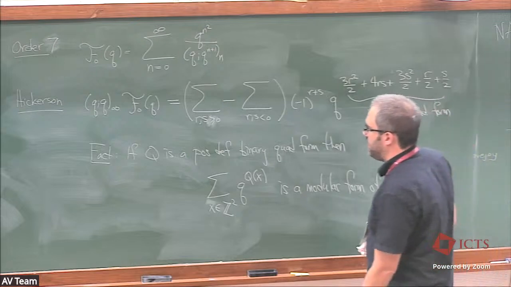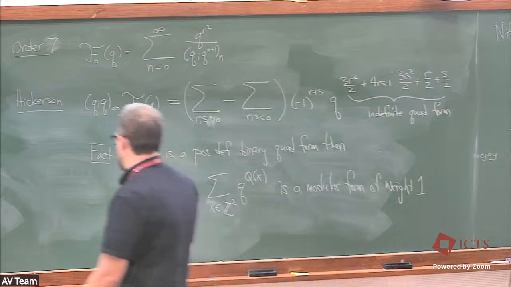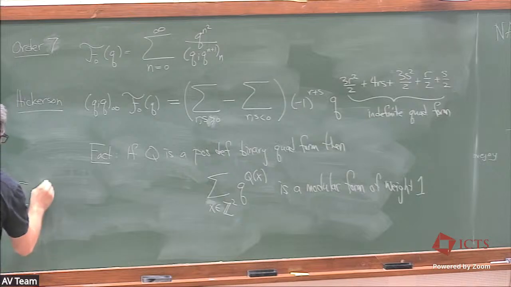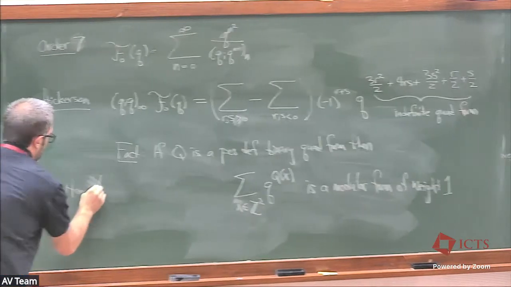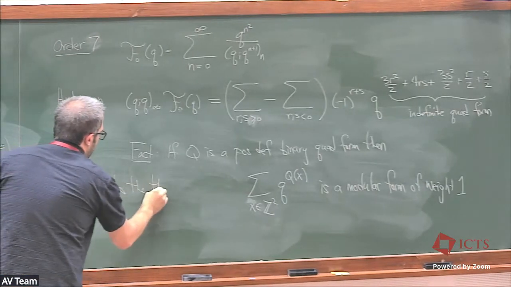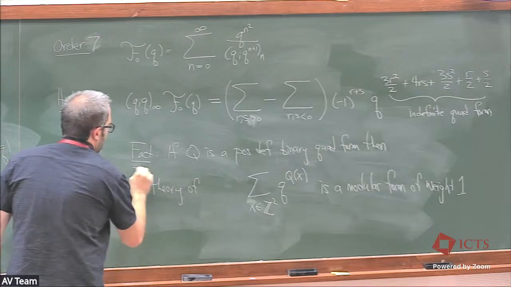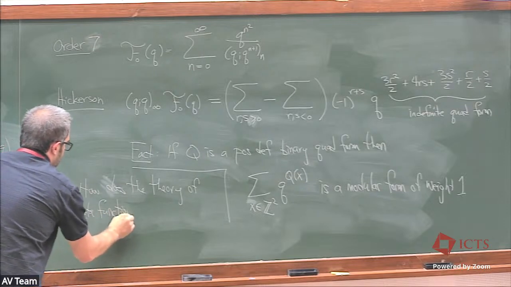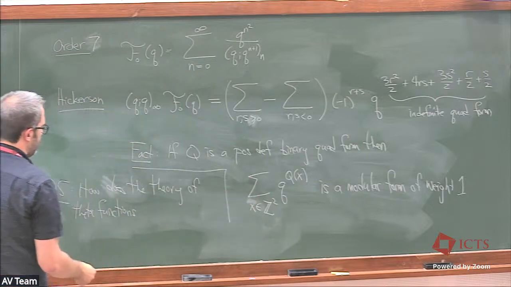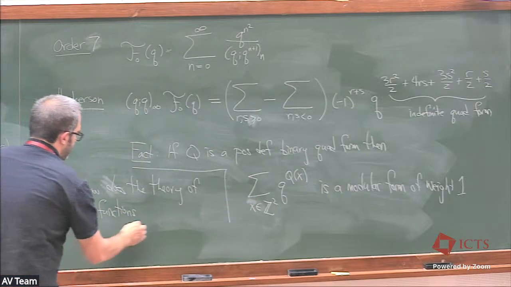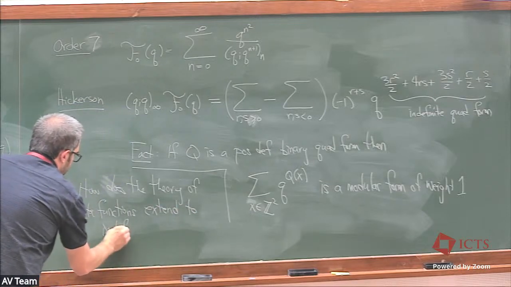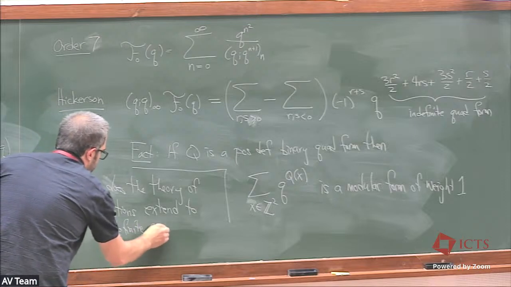So question 5, maybe I'll put it right at the bottom here. Question 5 is: how does the theory of theta functions, of which this is an example, a theta function associated to a quadratic form, extend to indefinite quadratic forms?